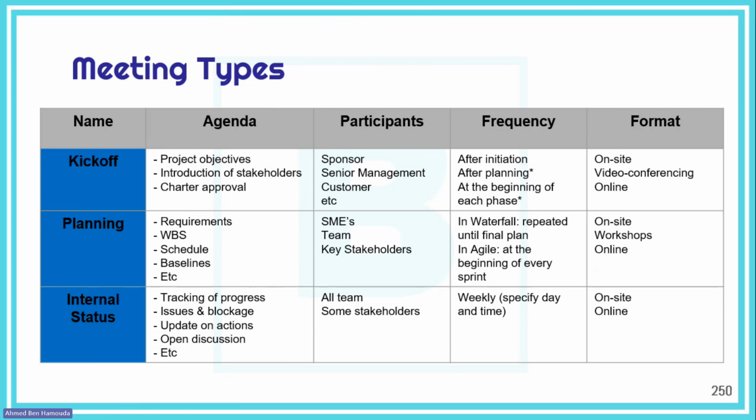But it's really up to you when you'd like to have it. And the format, again, can be on site or online, in case you have virtual teams or remote team members. Okay, but so far on this page, these are three must-have meetings.